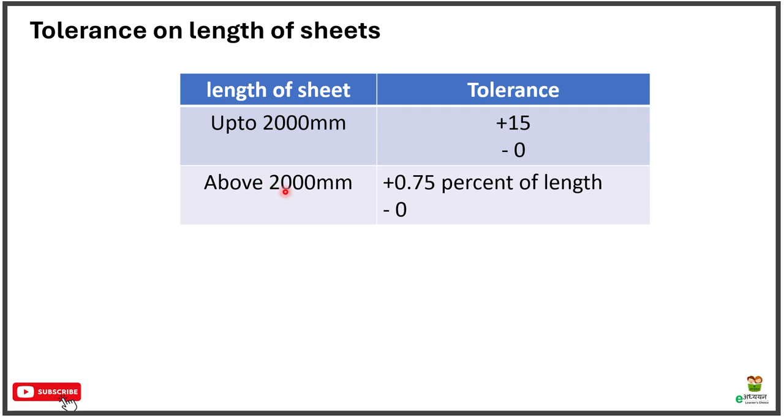So length can be of any number. In that case, we have to calculate 0.75% of the length, and that will give you the final figure of the higher side tolerance. So tolerance is between 0 and 0.75% of the length, and the length should not fall outside this range.